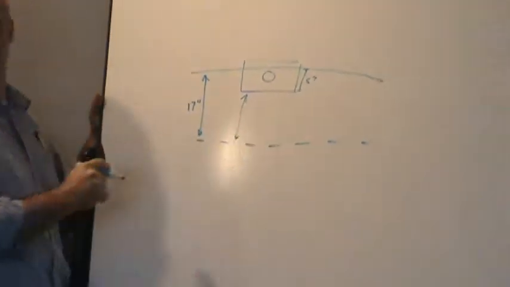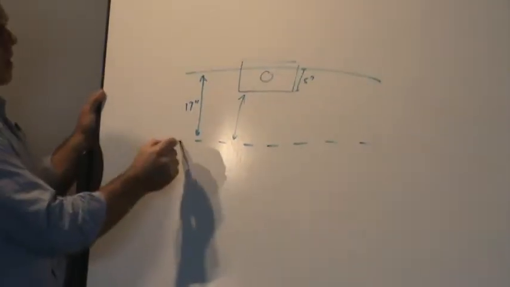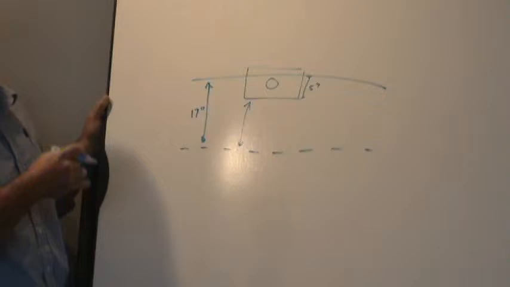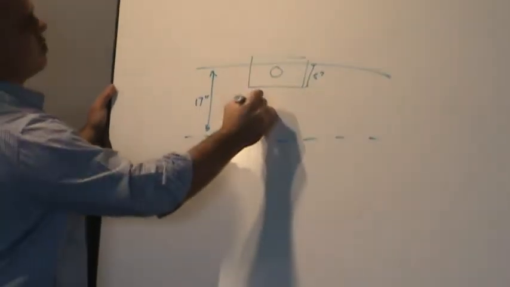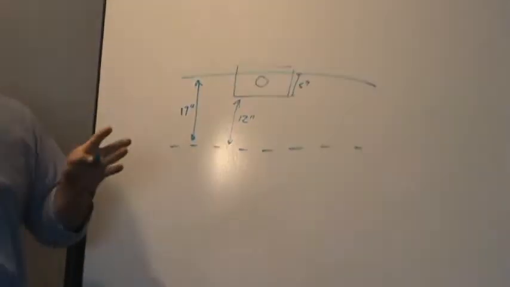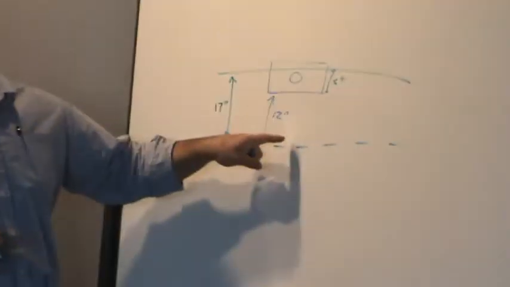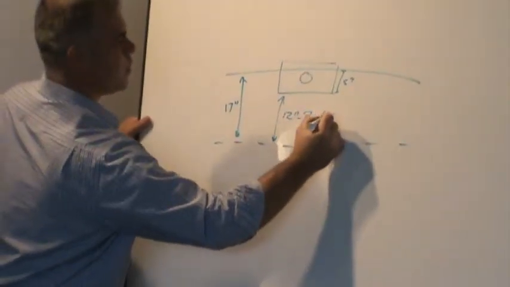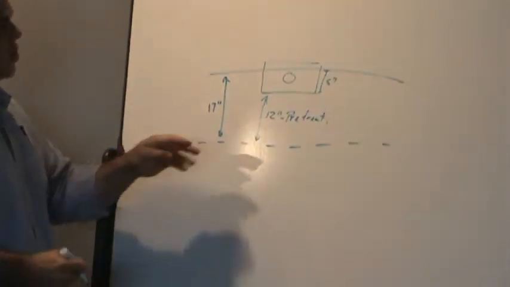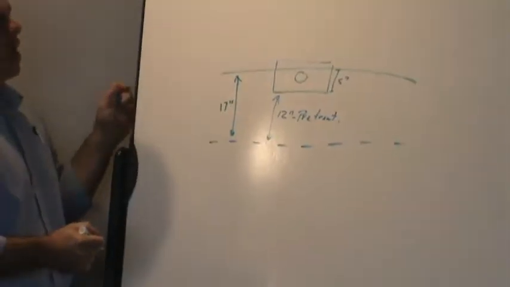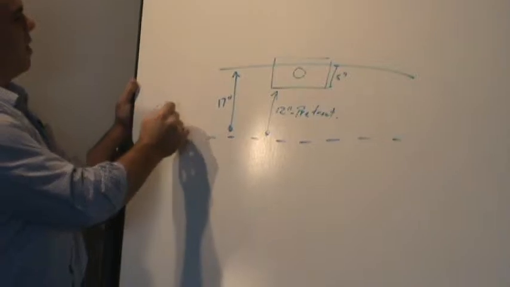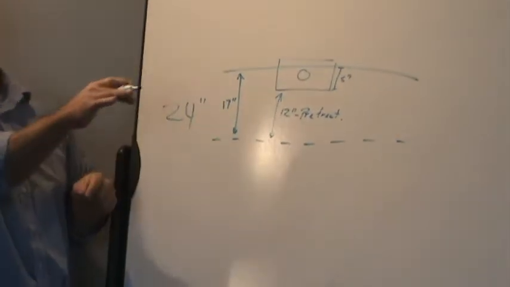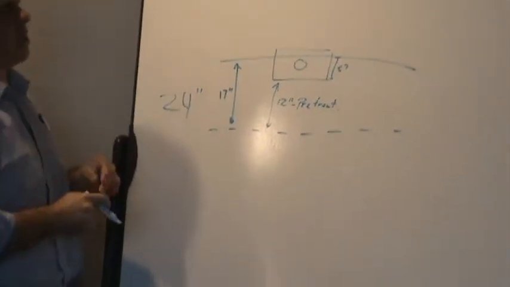The minimum separation from this limiting condition to the bottom of the trench, bottom of the absorptive area, is 12 inches, no matter what you do, with an aerator. So this is pre-treated. Okay, so pre-treated. If you don't pre-treat, it's 24 inches on this particular soil condition.